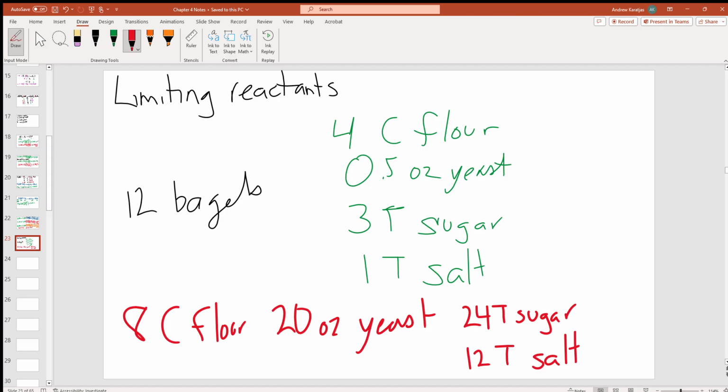If that's what we have available to us, now we can again ask the question, how many bagels are we going to be able to make from that combination? So how do we think about this? Well, we can do it in the following way.